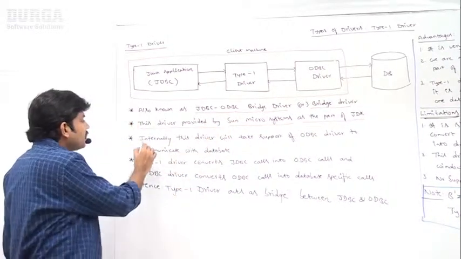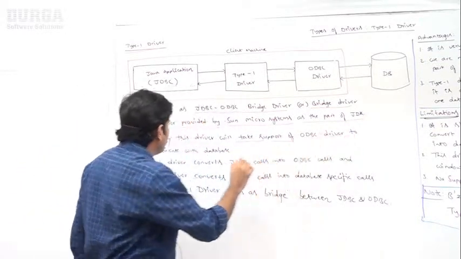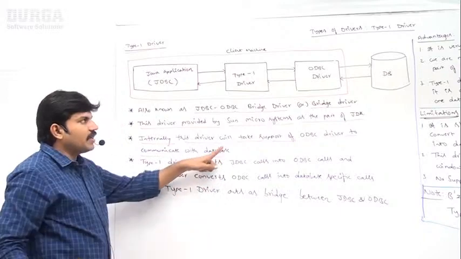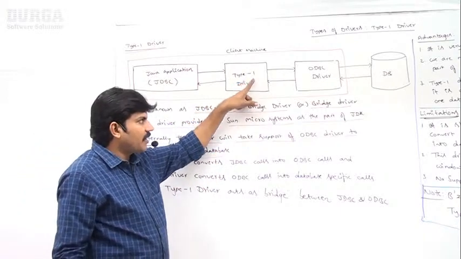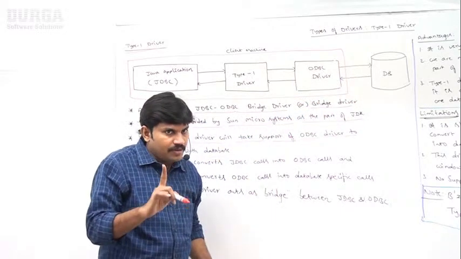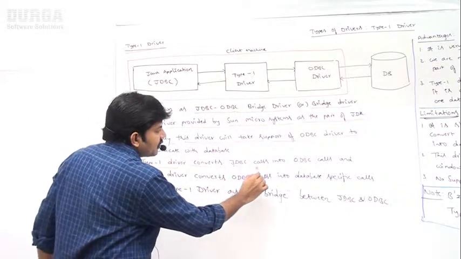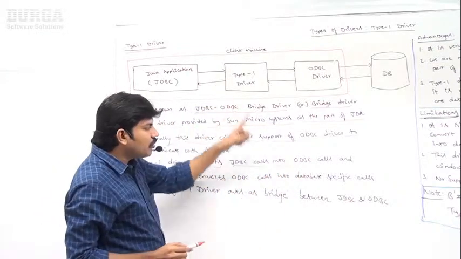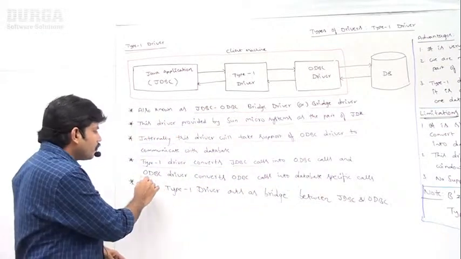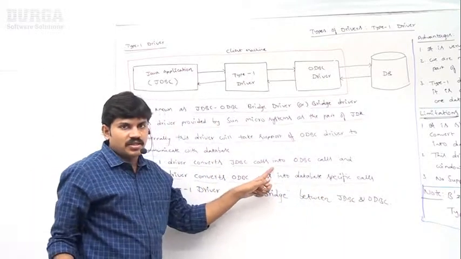Remember. Next, internally this driver takes support of the ODBC driver to communicate with the database. The type 1 driver converts JDBC calls into ODBC calls, and the ODBC driver converts ODBC calls into database-specific calls. Have you observed, right?